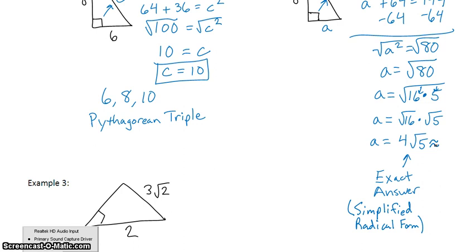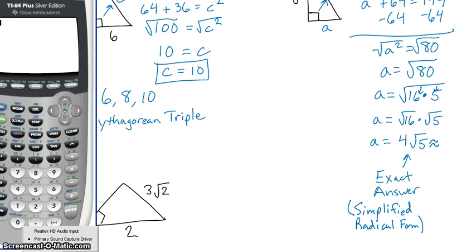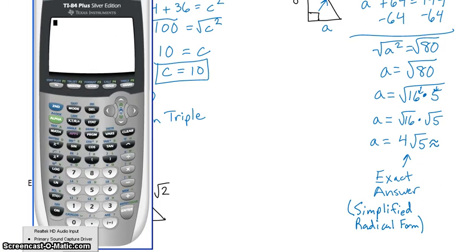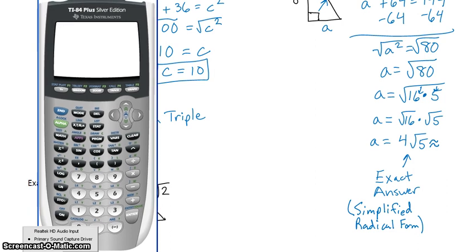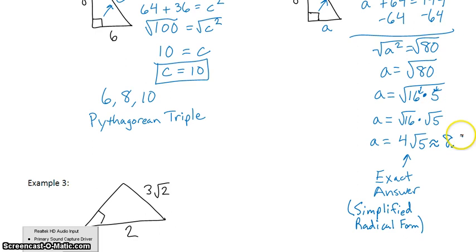To find the approximate answer, we use our calculator. 4 times the square root of 5 is approximately 8.9. 8.9 is the approximate answer. To find the approximate answer, round using your calculator.